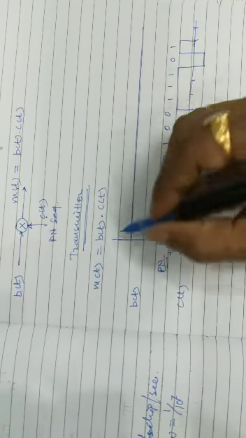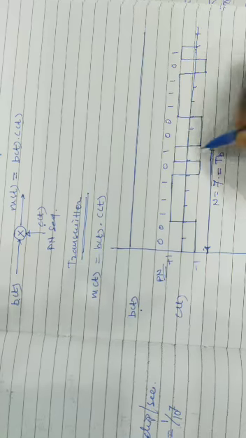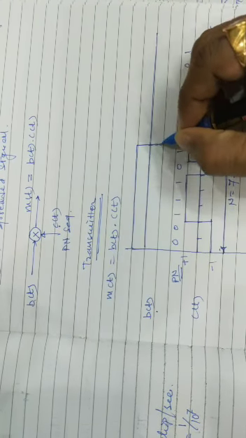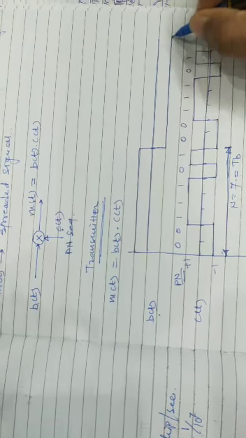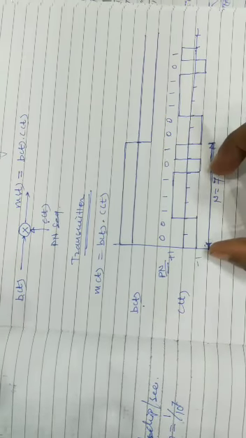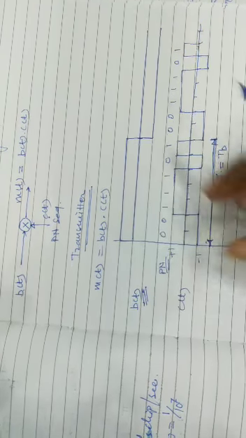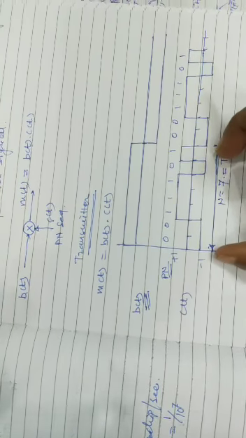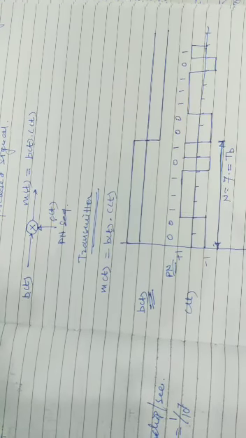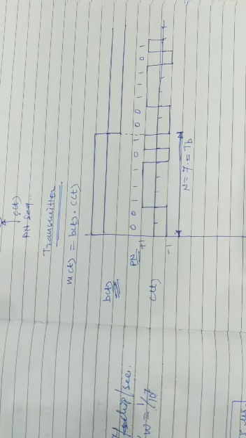So the waveform for B of t will be 1 and then 0. One bit period of the signal to be transmitted will cover one PN sequence as shown in the diagram, so this will coincide.